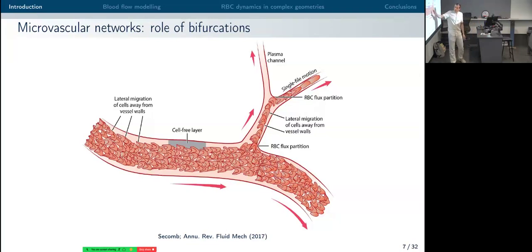But due to shear-induced diffusion effects and, of course, collision effects between the red blood cells, they try to disperse again, and there will be something like a dynamic equilibrium, more or less, leading to a non-trivial distribution of the density of red blood cells, number density, across the cross-section of a blood vessel.